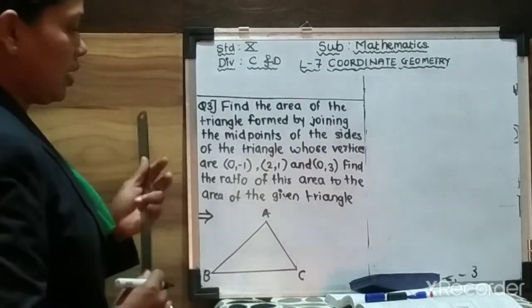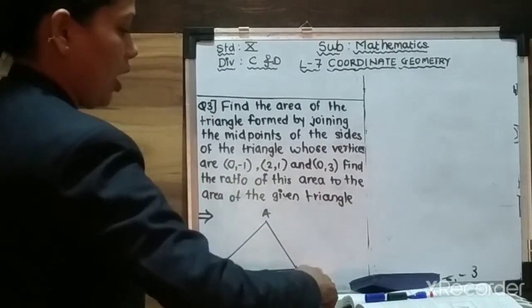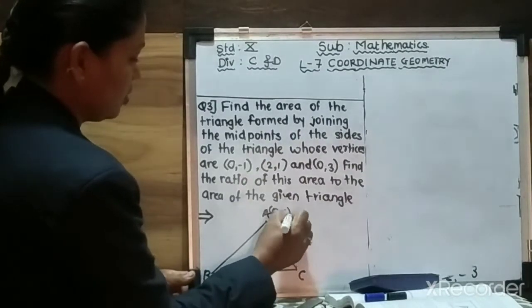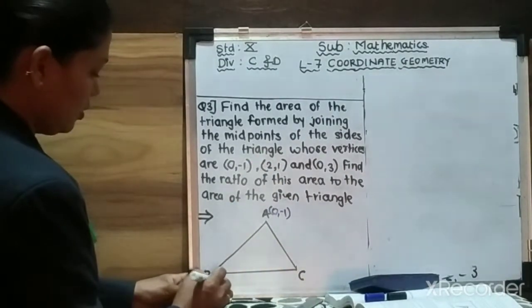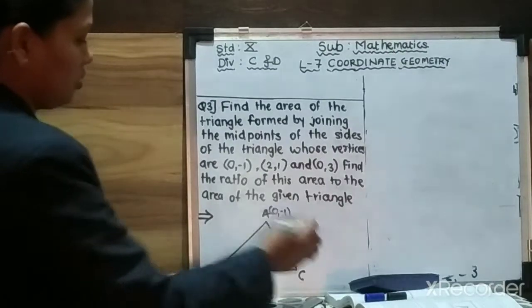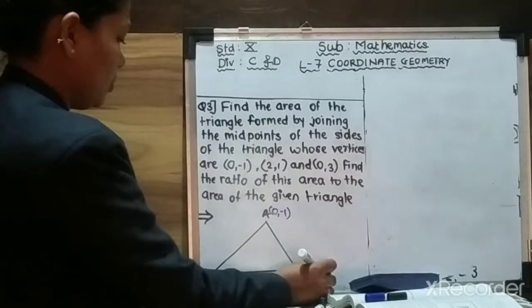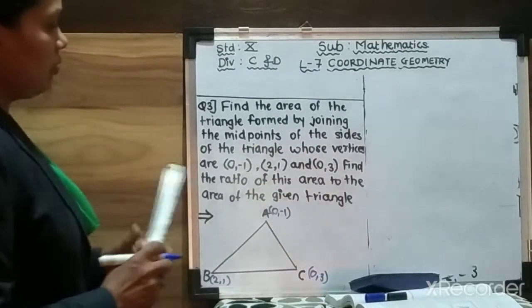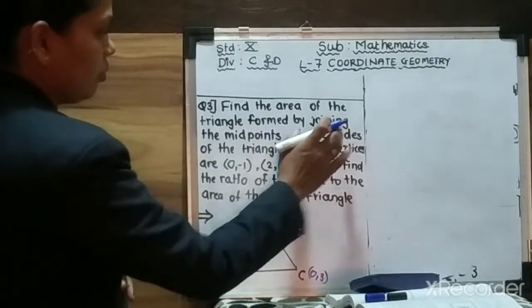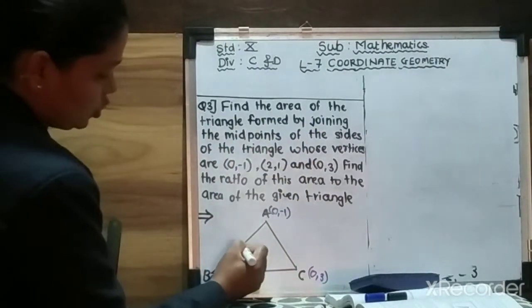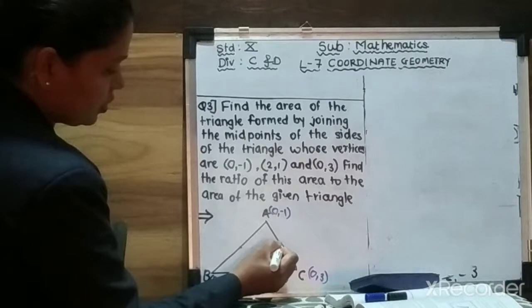This is the given triangle whose vertices are A (0, -1), then B (2, 1), and C is (0, 3). Right? These vertices are given. Now what is given? One more, that the midpoints of these sides, when we join the midpoints, let us join.